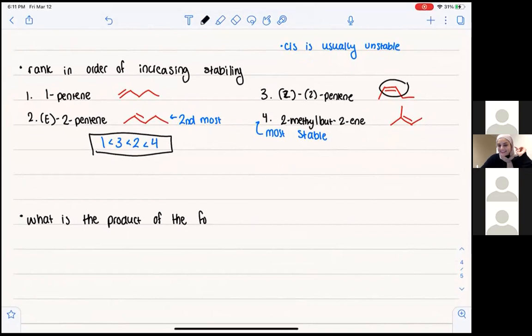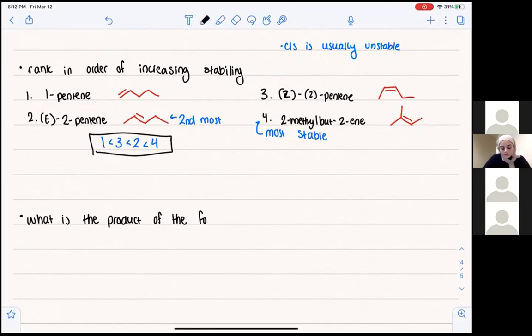This one is more stable because it has more substitution on it. That was just how I was thinking in my head, but then I was looking at the answer and I was like, wow. Again, I think Dr. Dowdy is pretty nice with these questions though. So he wouldn't even give you an option with 3 and 1 mixed up.